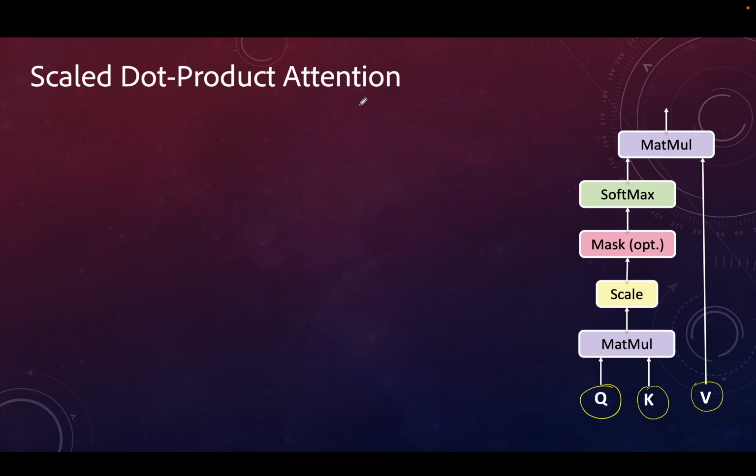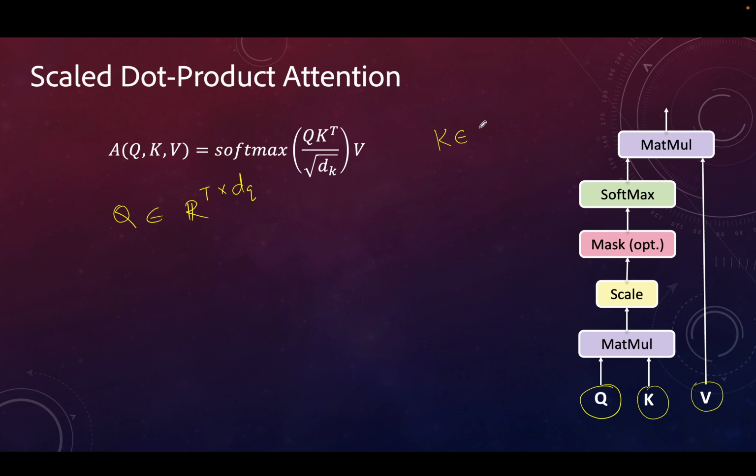So let's first denote this Q, K and V. This Q will be number of tokens times dq. Similarly, this K will be number of tokens times dk, and V will similarly be number of tokens times the dimension of this, so this matrix will be T times dv.